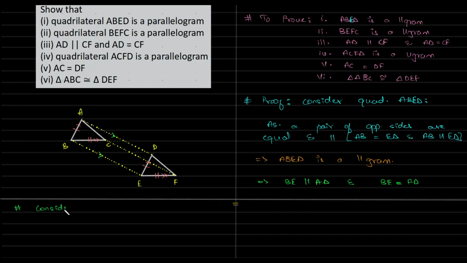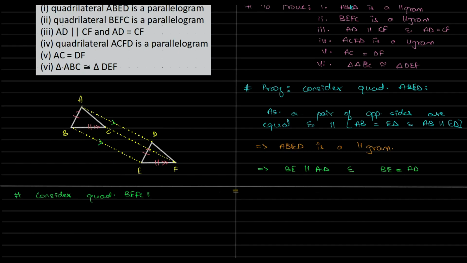Consider the quadrilateral BEFC. So we have a pair of opposite sides that are equal and parallel.